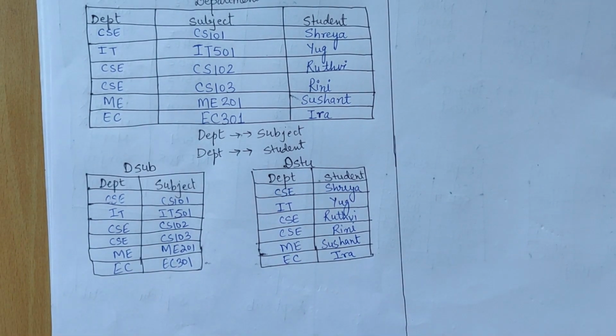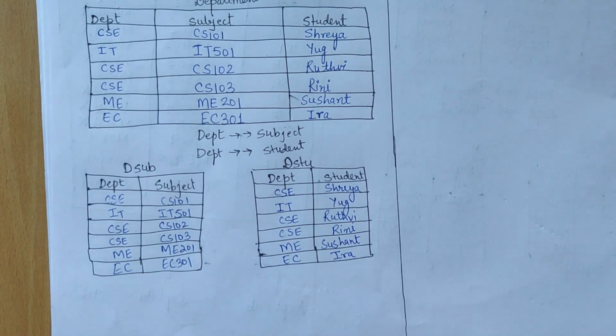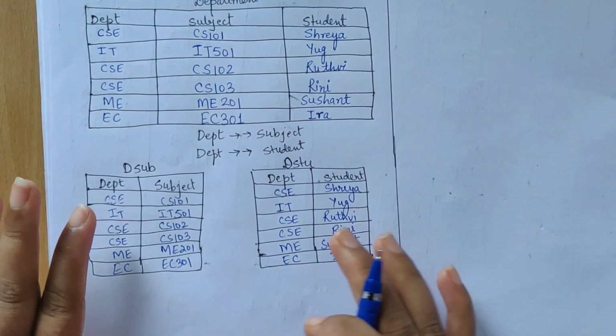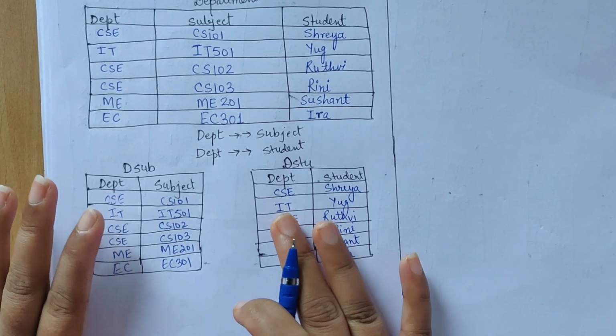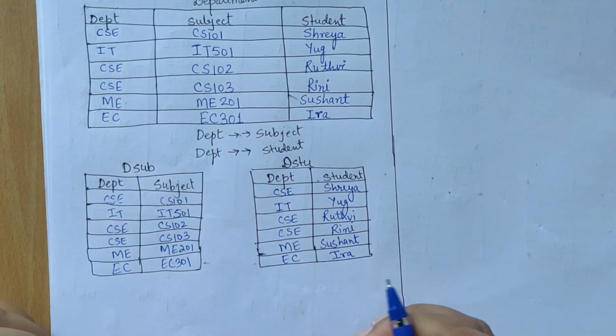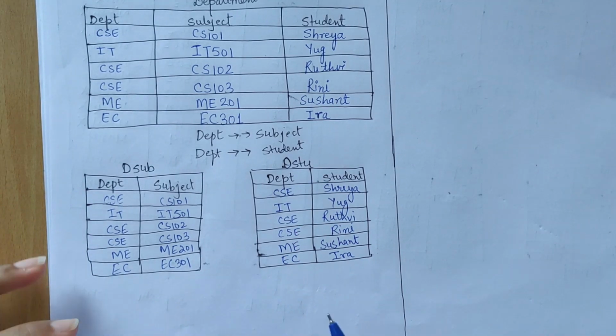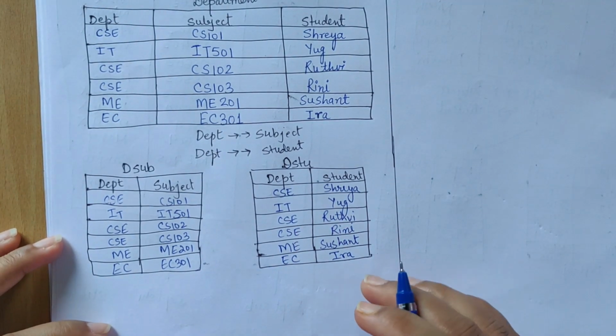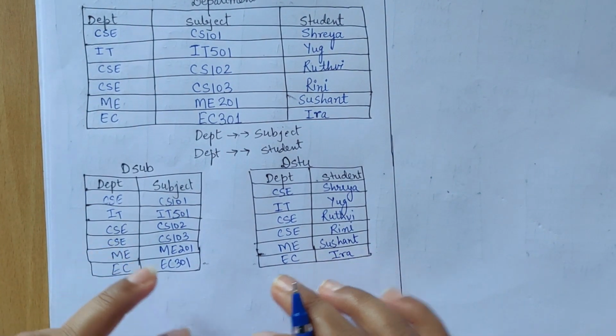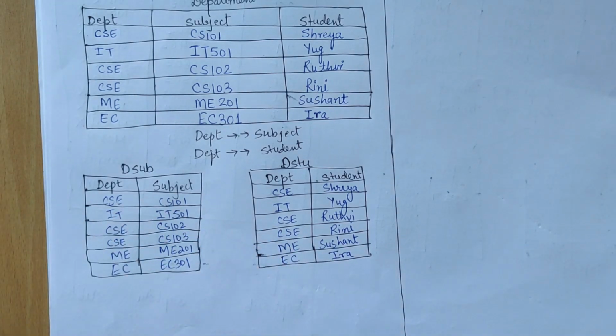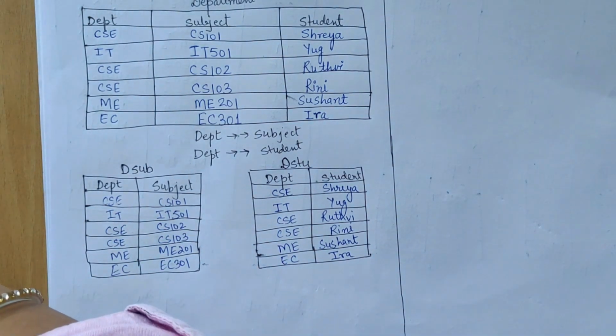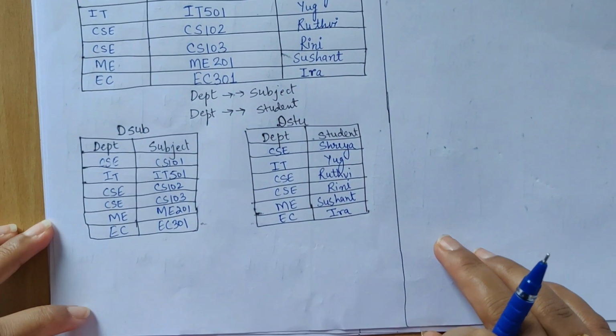Now when I try to join these two tables, let us suppose I want to apply the natural join on these two tables, on the basis of the common column, it will get joined. It will reconstruct the table again. So if I want to join these two tables on the basis of department, let me write the SQL query for that.